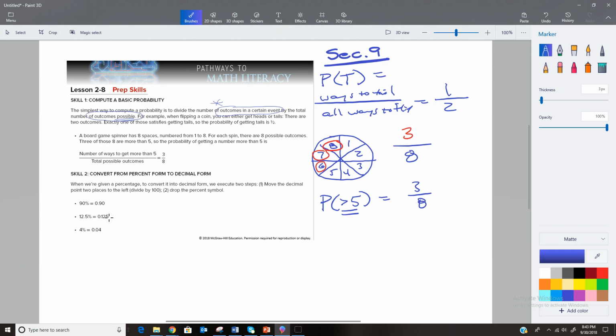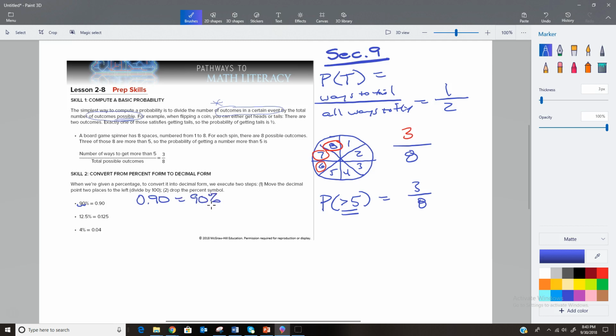Now we've covered this a couple times, but just a reminder that when you're trying to switch from a percent to a decimal, you're going to go back 2 spaces. So 90% and 0.9 are the same thing. If you've got 0.90 and you're trying to go to percent, that would be 90%.